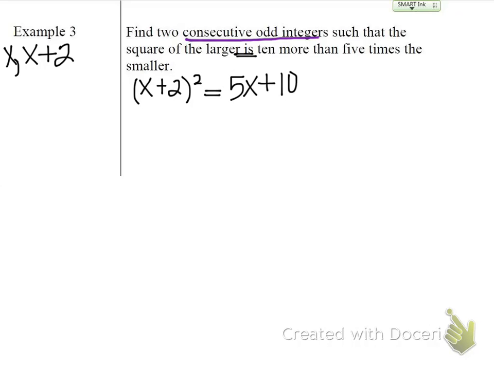Okay, so let's solve this. We actually did x plus 2 squared already in the previous problem. So what did we get when we did that? X squared plus 4x plus 4 equals 5x plus 10. Okay, guys, I want to get the whole thing equal to what? 0.